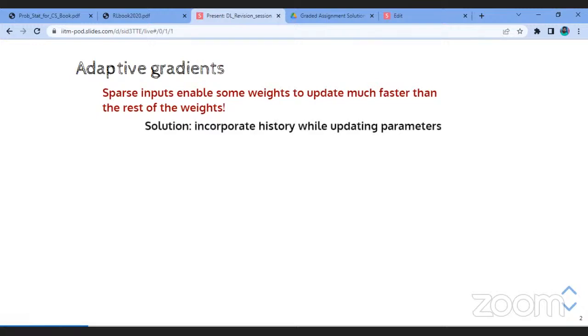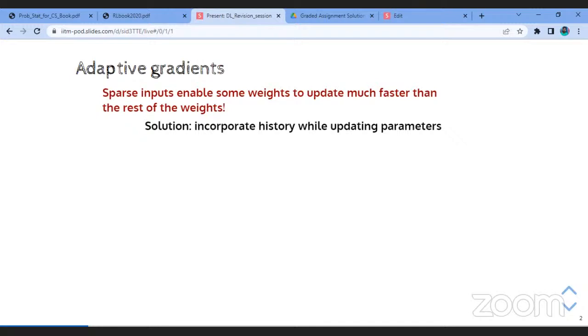So how do we tackle this? The essential idea is that some parameters get frequent updates, while some parameters get either an update or no updates at all, based on the gradients. The moment my input x is 0, because we are saying the input itself is sparse, there won't be any gradient associated with that input.